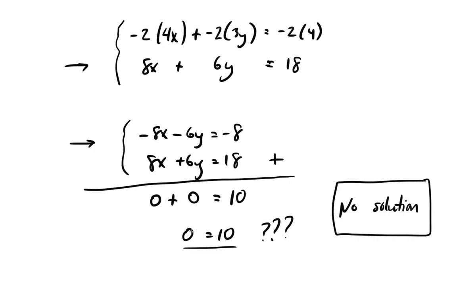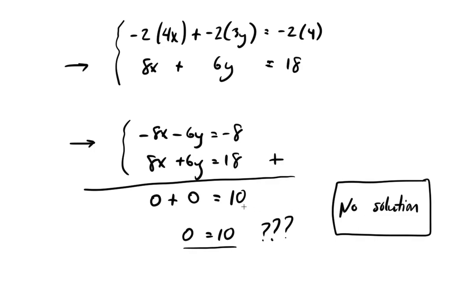Now in this case, because we had 0 equals 10, that doesn't make any sense, so we got no solution. But if instead this had been negative 18 to go with positive 18, and we had gotten 0 equals 0, that would mean that there were infinitely many solutions, and that really we had two copies of the same line in these equations rather than different ones.